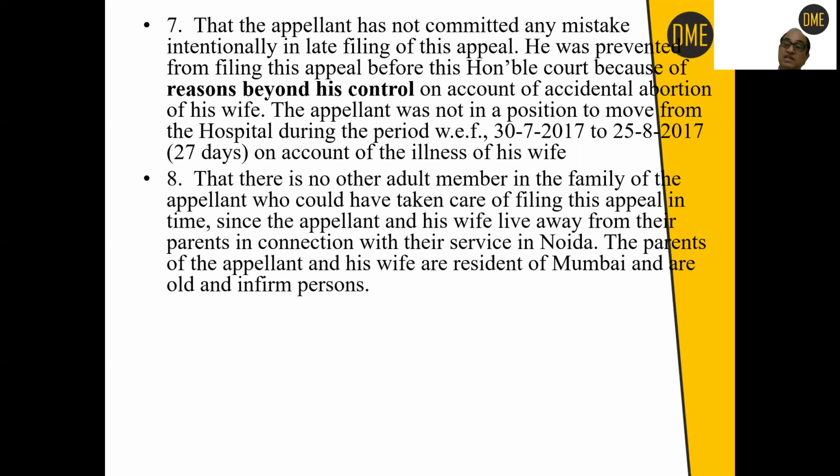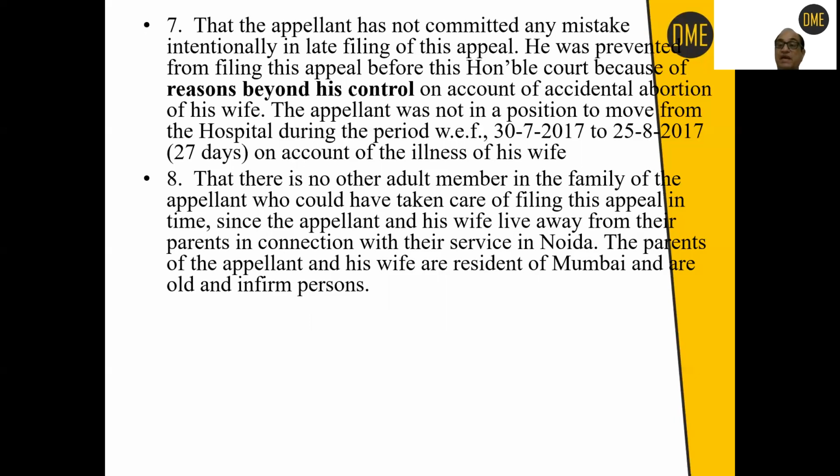And in additional factors which the appellant is writing in this application is that there is no other adult member in the family of appellant who could have taken care of filing this appeal in time, since the appellant and his wife live away from their parents in connection with their services in Noida. The parents of appellant and his wife are resident of Mumbai and are old and infirm persons.